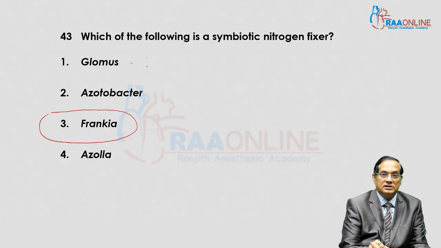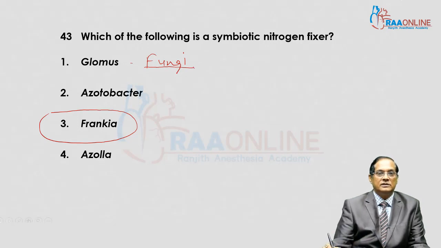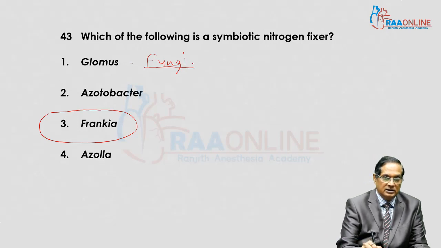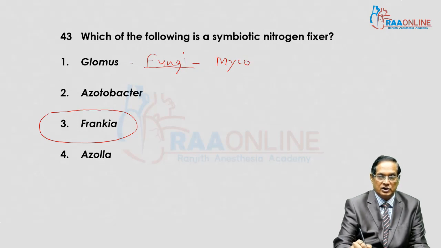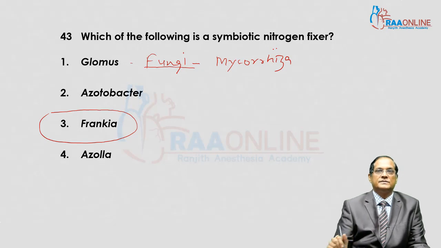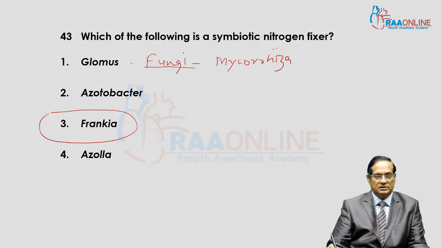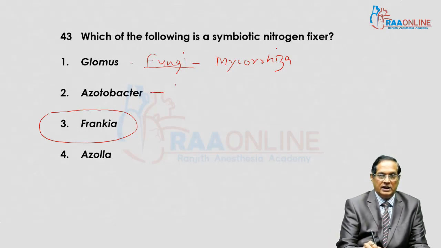Glomus is actually a fungus associated with the roots of higher plants, and it is a part of mycorrhiza with no role in nitrogen fixation. Mycorrhiza are concerned with phosphate absorption, phosphate nourishment. Azotobacter is a free living aerobic bacterium.